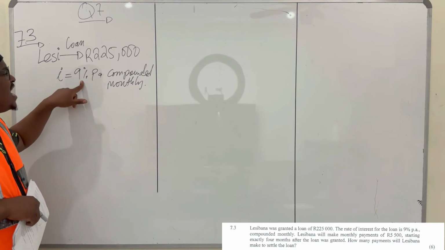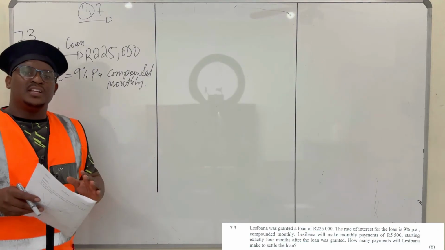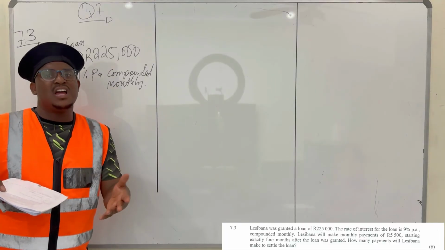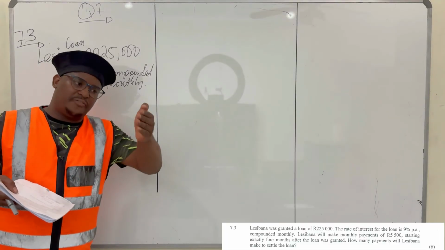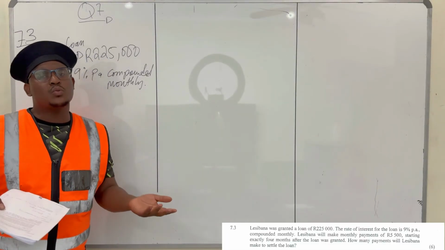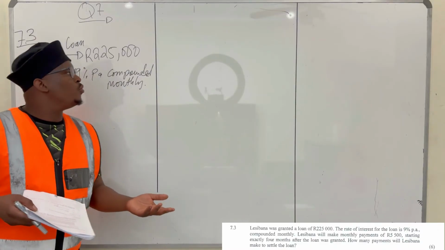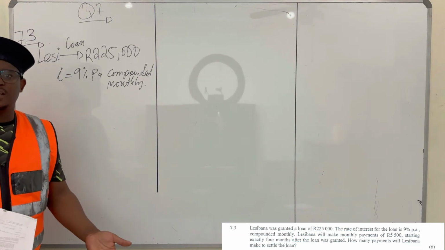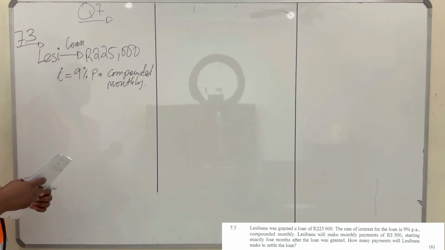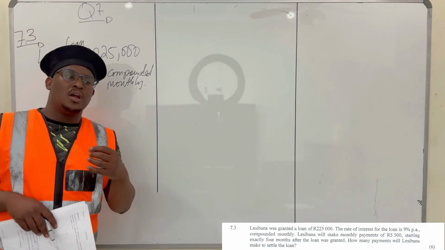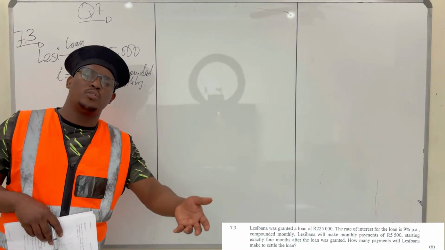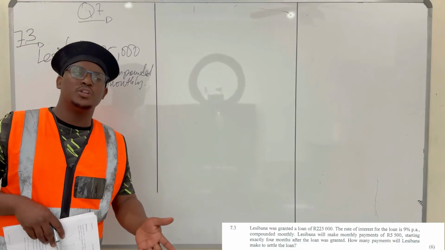But that 9% is charged over a year, and it will be divided over 12 months. That's what will happen. So our loan will be gaining interest monthly. That's what this means. So you need to know how much interest was charged on the loan each month. That's what you need to know.